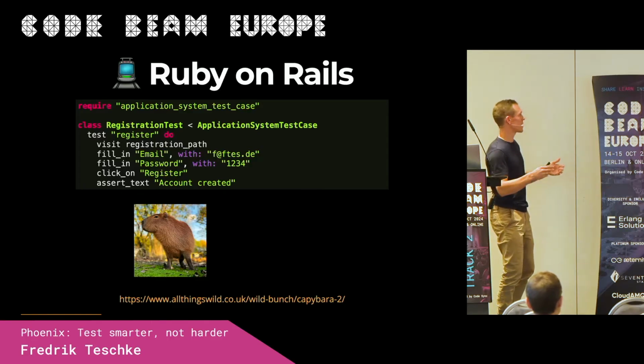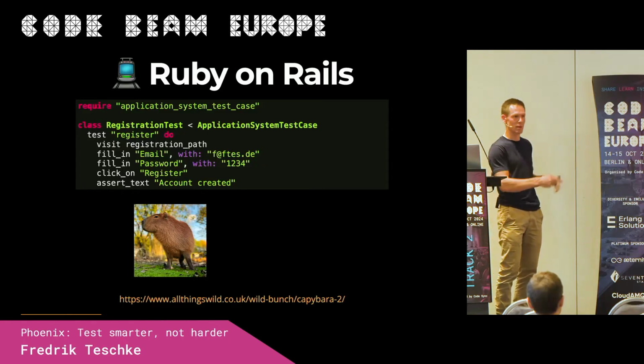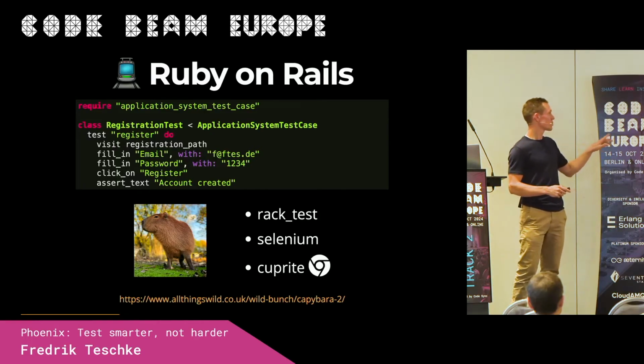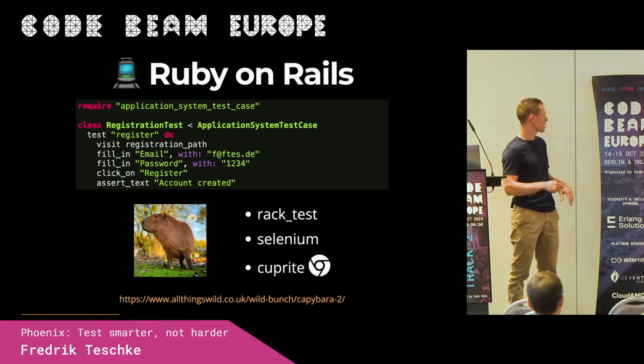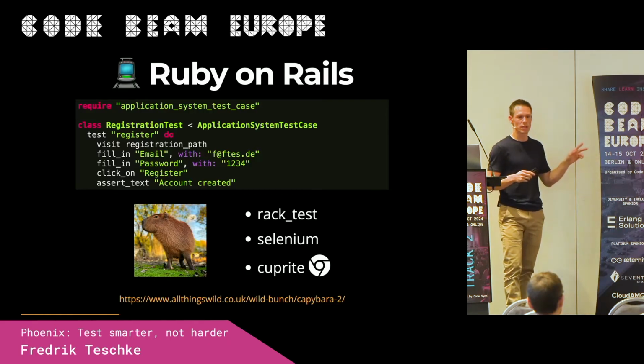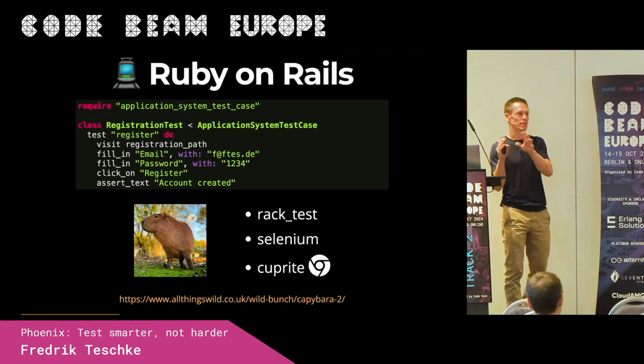We're not doing any HTTP posts or asserting on an HTTP status 200, because the user usually does not care about that if we're talking about a web UI. All right? That's implemented for Rails with Capybara, named after this furry animal. And Capybara has a few drivers. The default one is rack test, and Rack is comparable to Plug in Elixir land.